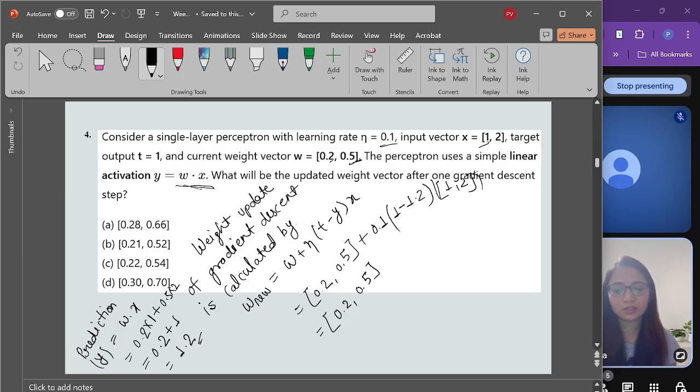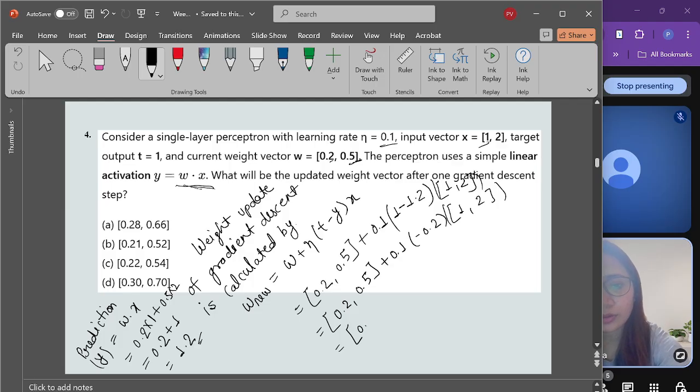So here with 0.1 you will get minus 0.2 times the vector 1, 2, so 0.2, 0.5 plus minus 0.02.